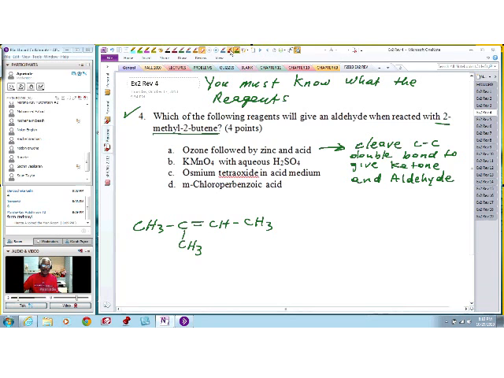Now let us take a look at the second one. Potassium permanganate with aqueous sulfuric acid, sometimes we refer to as dilute acid. What does it do? Anybody know?